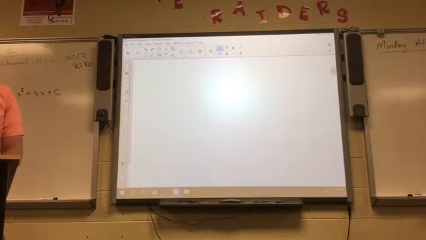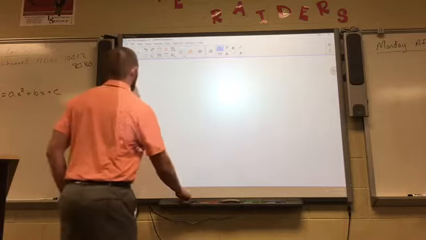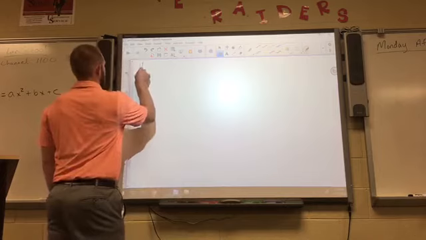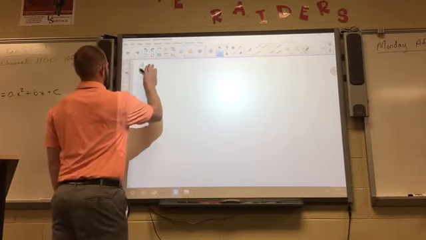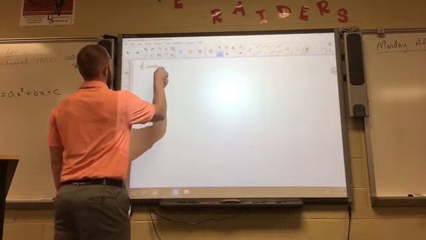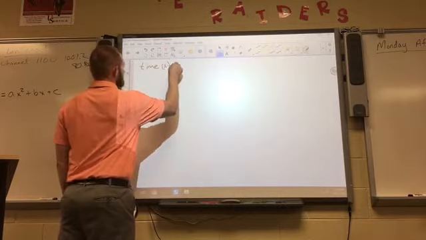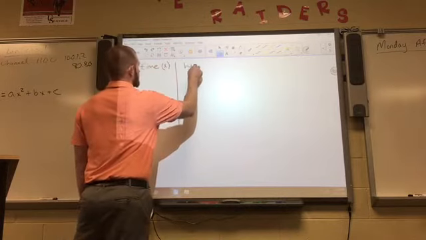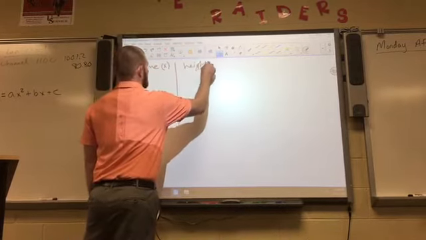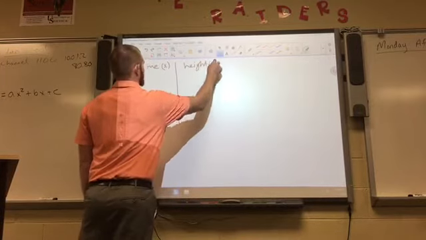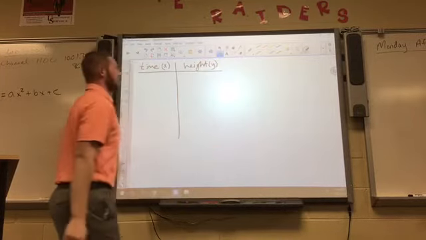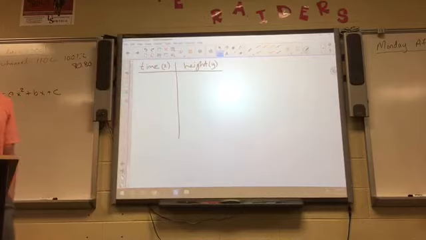So, they give us this chart. They give us time, which I'm going to call my x, and they give us height, which I'm going to call my y. The only reason I'm calling them x and y is because that's what we're used to working with.